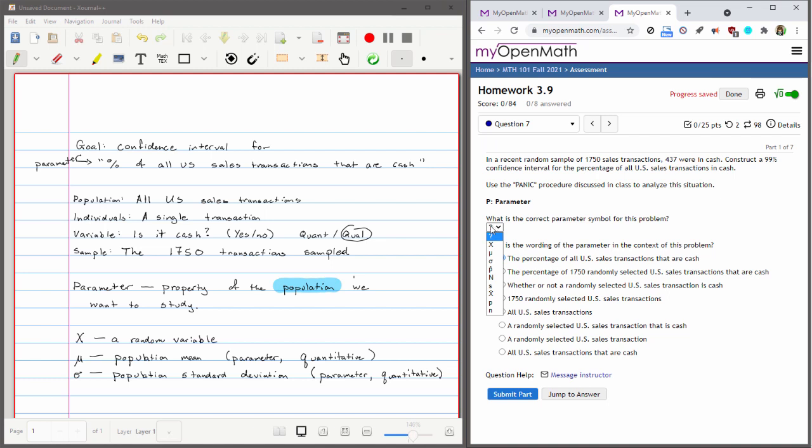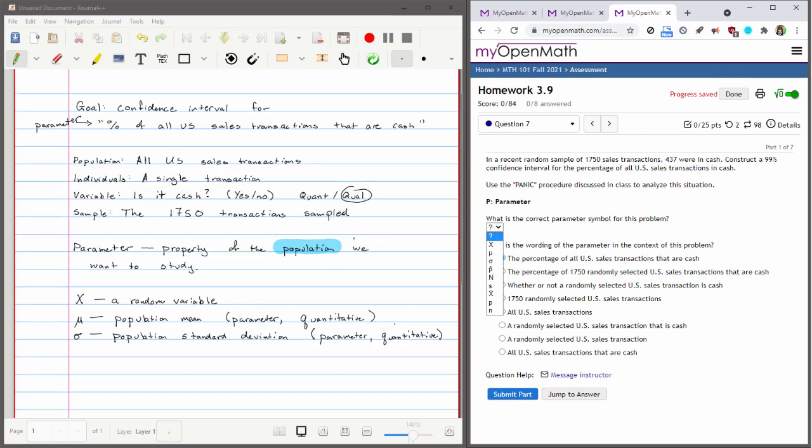There are two other things here that are parameters, and I'm going to list all the parameters first. We have a big N, that's the population size. And we have a little p, that's the population proportion, or percentage.